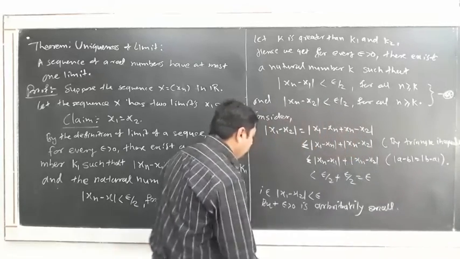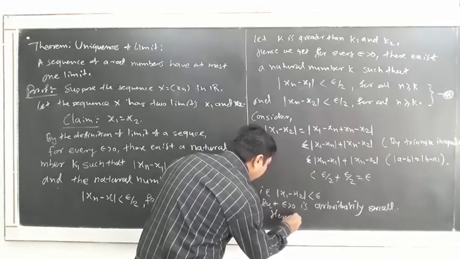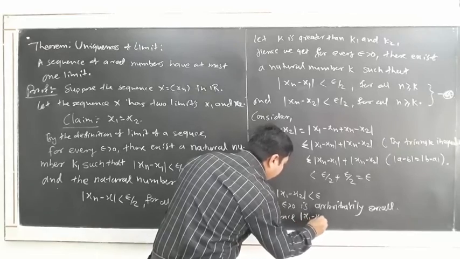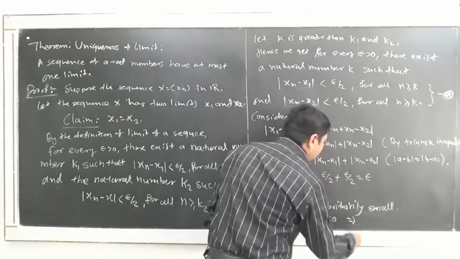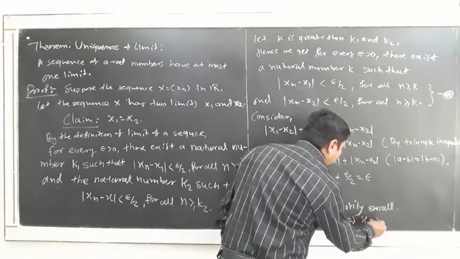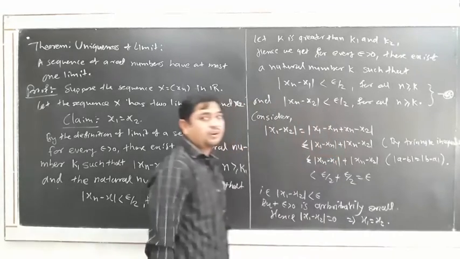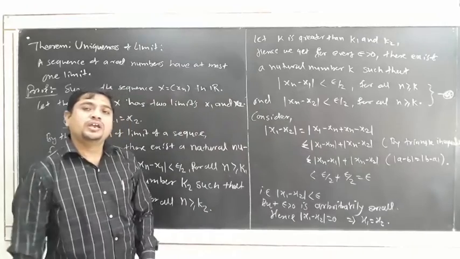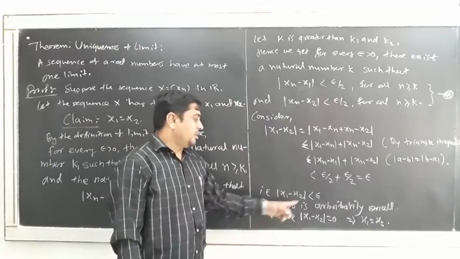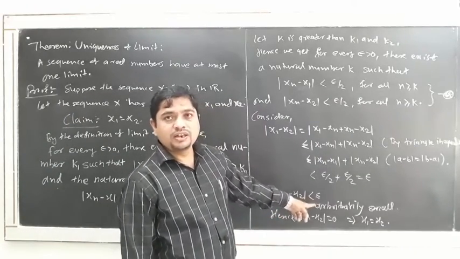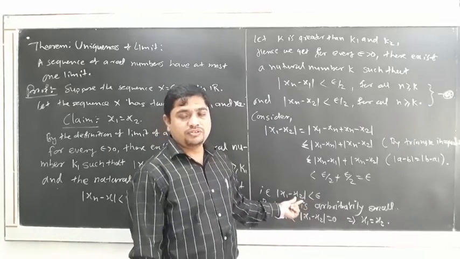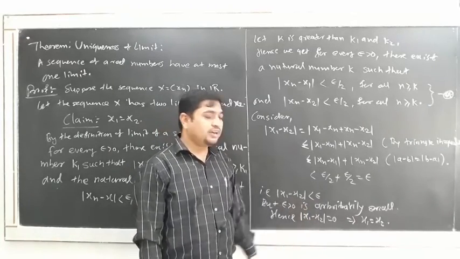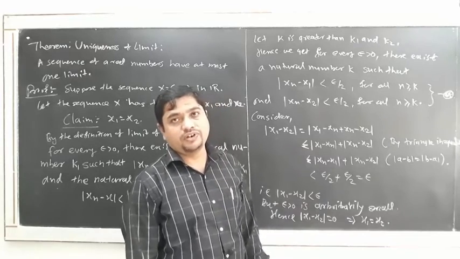Hence mod of x1 minus x2 is equal to 0, and this can be rewritten as x1 is equal to x2. Since epsilon is very small, this difference must be 0, and therefore both the limits are equal.